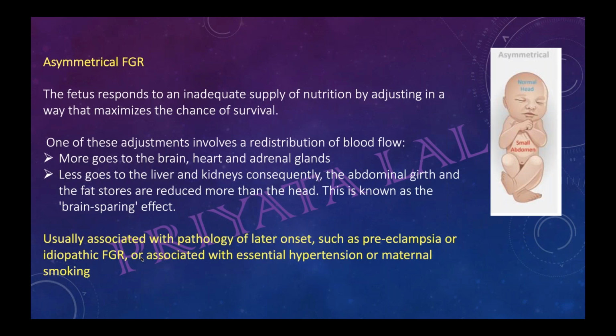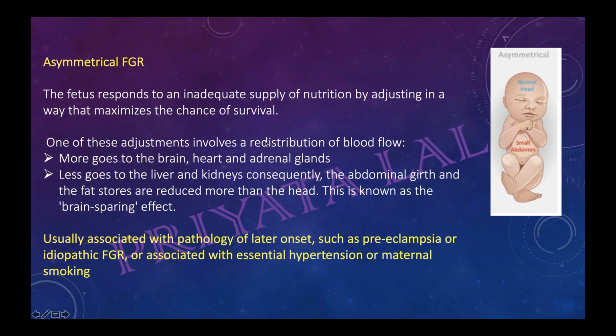Now asymmetrical FGR. Usually some kind of pathology sets in, but in the later part of pregnancy. It could be preeclampsia, essential hypertension, maternal smoking, or idiopathic.